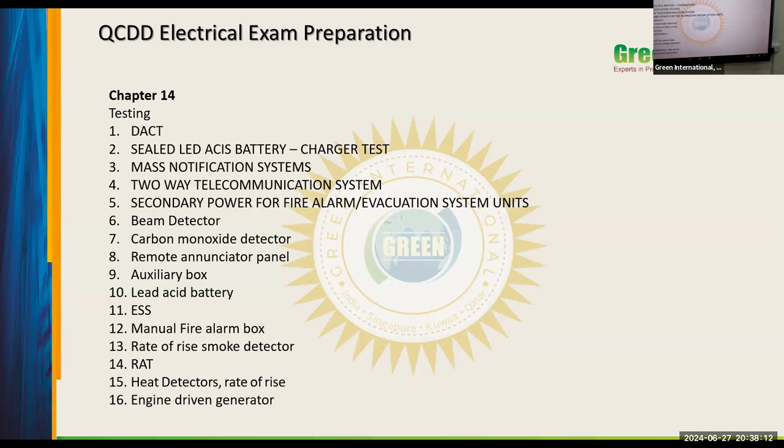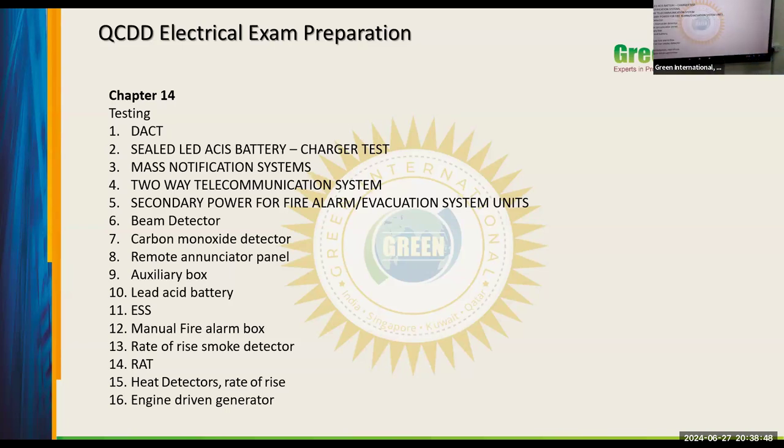So I sent it on your WhatsApp. Note that we have 2 tables.